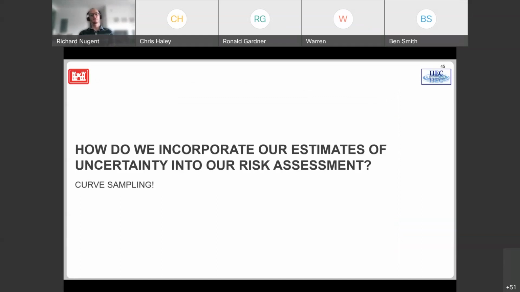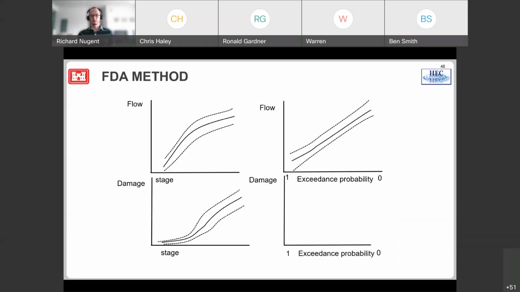HEC-FDA has a frequency-based approach, whereas HEC-FIA is single event based, right? So you have one flood event and you look at damage from that one flood event. With FDA, we calculate risk, not just damage, but risk for the entire range of probable flood events.